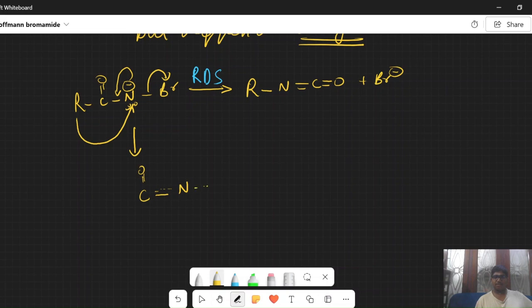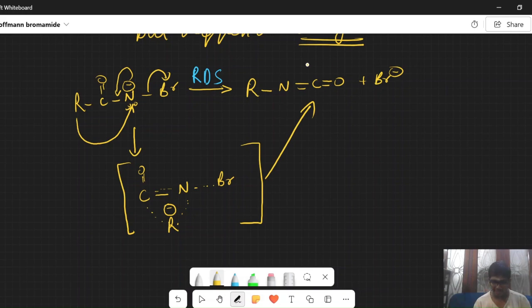N, dotted line, Br, dotted line, R, dotted line, N. So a cyclic transition state is being formed here with a negative charge dispersed throughout the ring, and this is where we get the isocyanate as the final product.